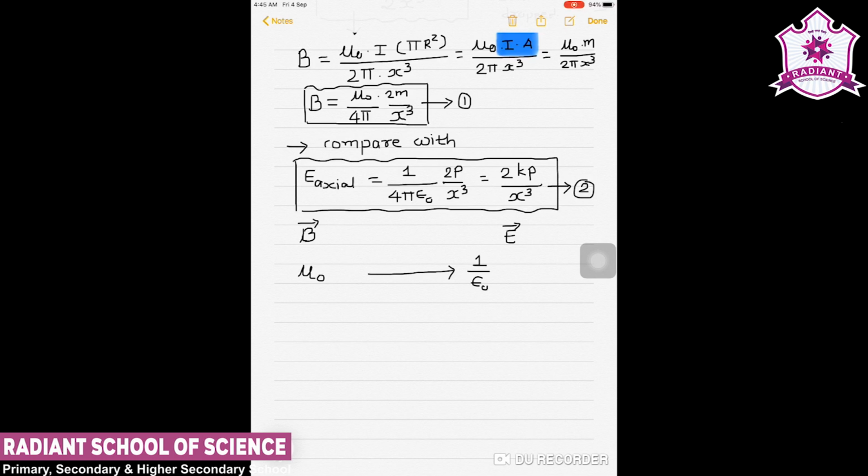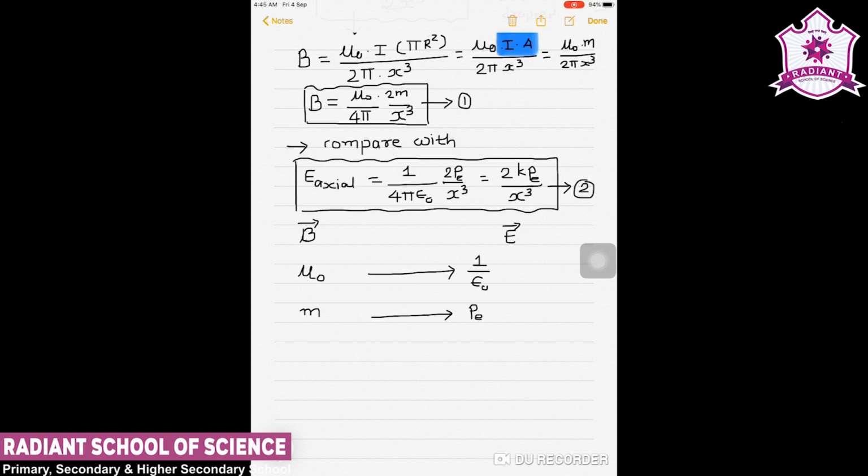Similarly, if I write magnetic dipole moment as m, here I have the electric dipole moment P E.